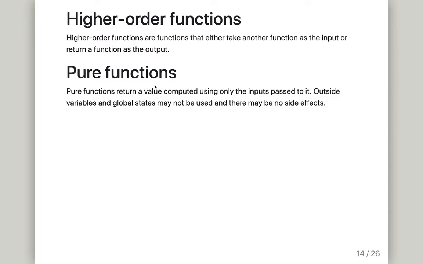A pure function is a function which doesn't have any external state. Whatever input you give, based on that input it will return some output. If you give inputs a and b, the output will always be c. There will be no difference unless you change the input a or b to something else.